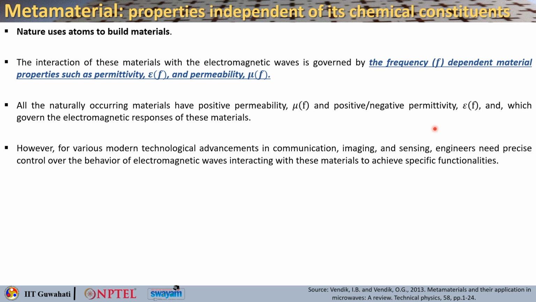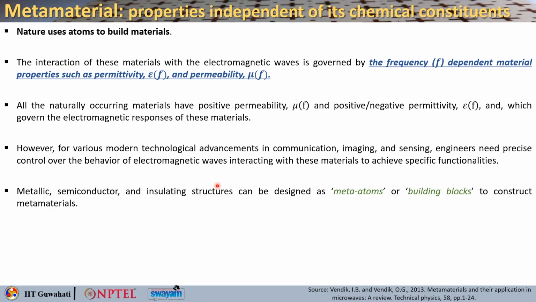However, for various modern technological advances in communication, imaging, and sensing, engineers demand precise control over the behavior of electromagnetic waves when they are interacting with materials, to achieve some specific functionality.